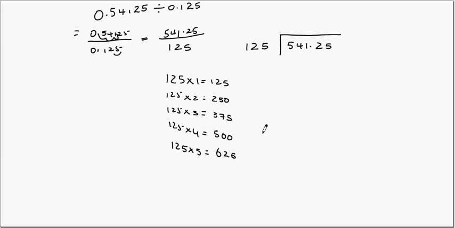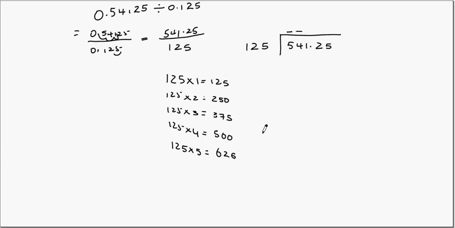Now why are we writing down that? Because we have to be able to see how many times 125 could go into this number here. So let's start off. 125 into 5 cannot. So I'll just put a dash there. Then 125 into 54 cannot still. So you put another dash. 125 into 541. So we come here and we look to see which one it could go into it. Which one you'll select? 4. Right? Because 125 by 4 is 500.